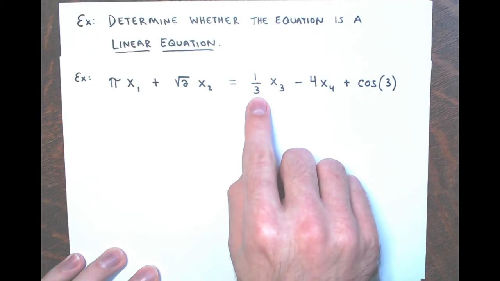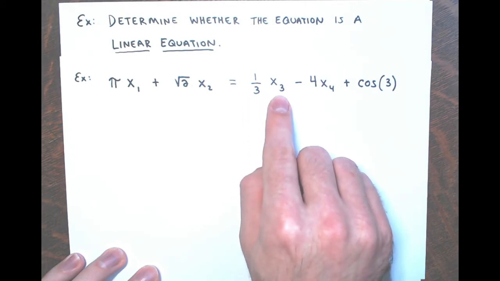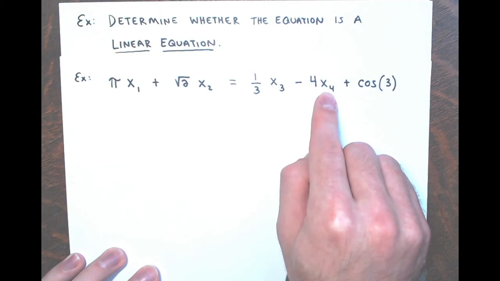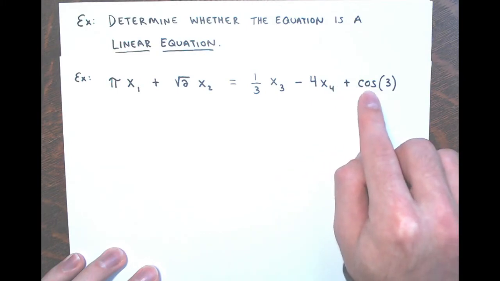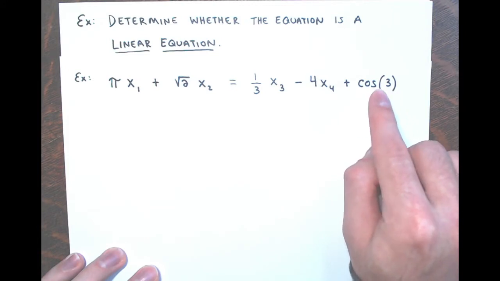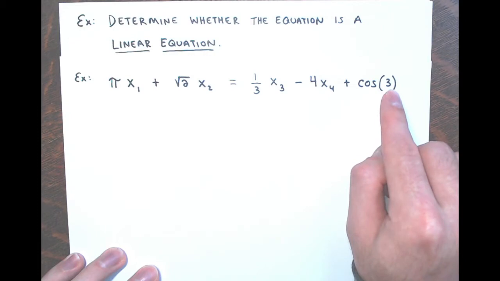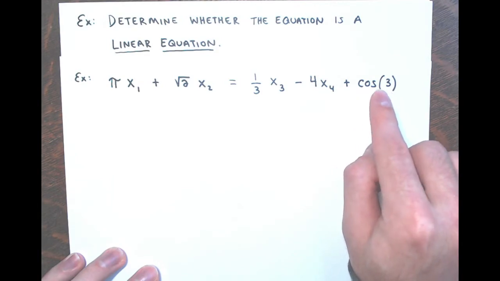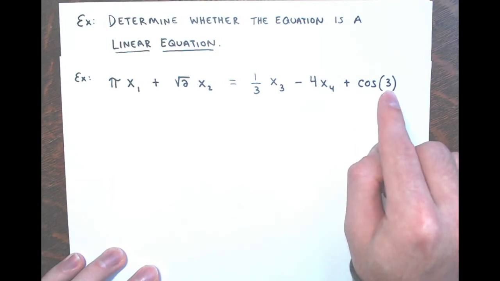Equals 1/3 times variable x3 minus 4 times variable x4 plus the cosine of 3. You trig fans out there, remember that this is not the cosine of a variable. This is the cosine of just 3, just a number. So this is a constant. This is a real number, the cosine of 3 radians.